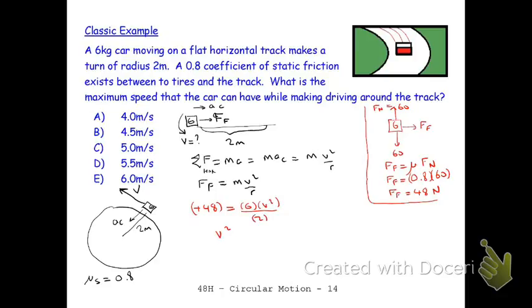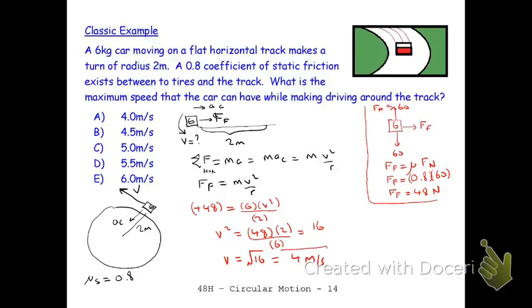So v squared is equal to 48 times 2 over 6, which equals, let's have a look, 6 is into 48, 8 times, 2 is 16, so v is equal to the square root of 16, which equals 4 meters per second.